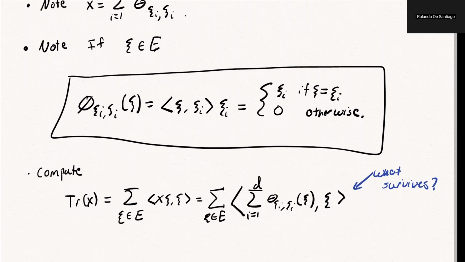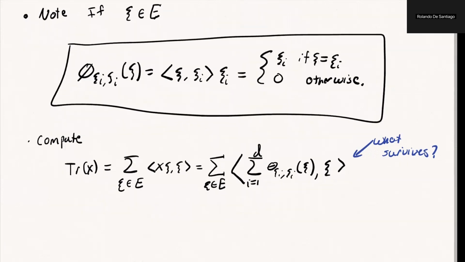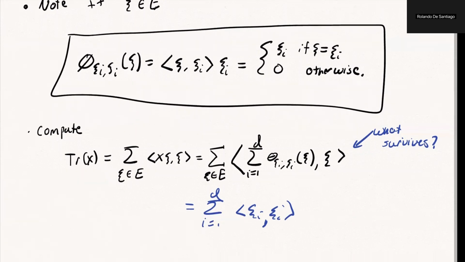The only thing that's going to survive here are terms of the form e_i, e_i. So a lot of these things are going to be zero, and the only thing you're going to pick up are those elements of your basis vectors coming from the smaller basis for K.